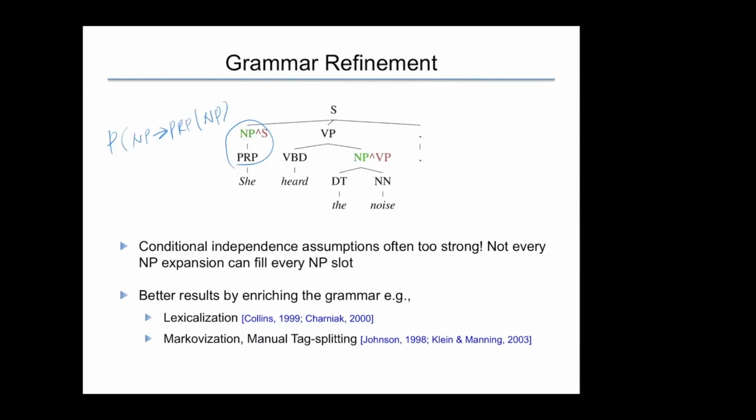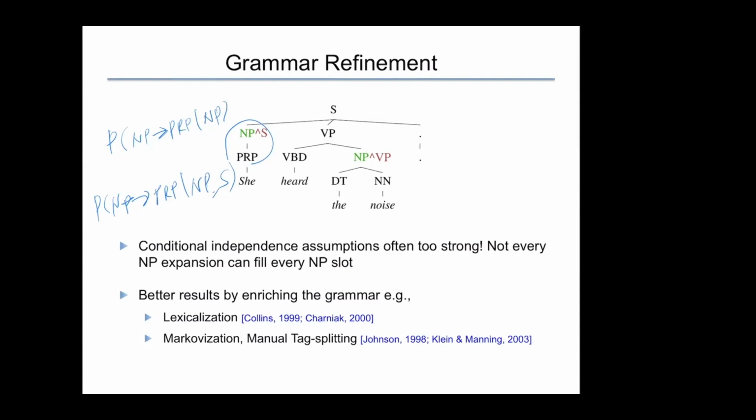You do not know what happened before or what happened at the top, because the correct way to define this probability is actually what's the probability of NP turning into PRP given NP and its parent is S. But in the original context-free grammar, the original PCFG, we assume this independence. Once the NP is given, then it doesn't matter what's above NP, which is a very strong assumption that might not hold true.